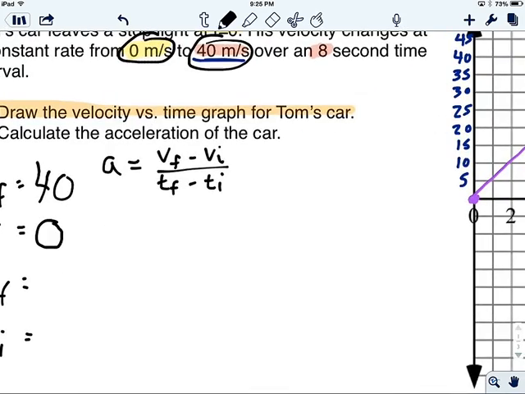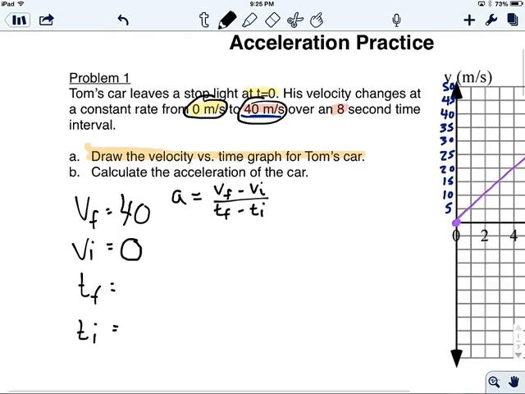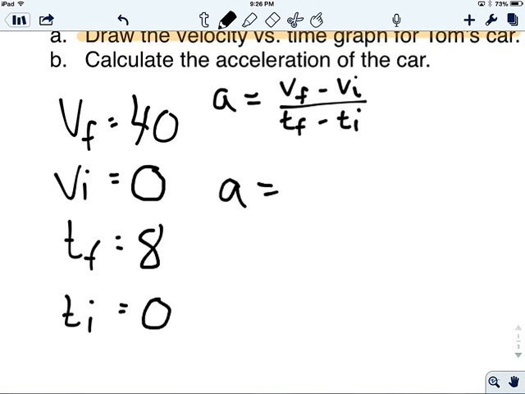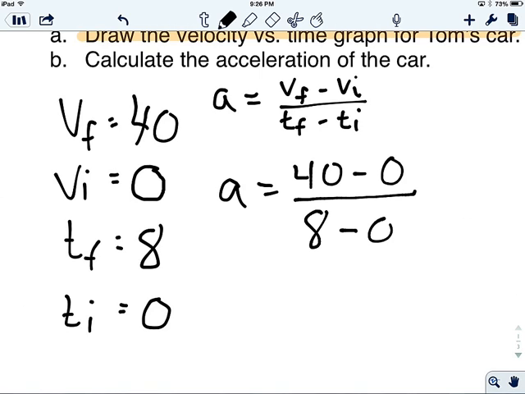And then it wants tf and ti. So when I look in here, I know that my initial time is 0, so I start off at 0, and then it takes 8 seconds, so my final time is 8. All right, so when I go to plug those in now, I've got a equals, vf is 40, vi was 0, tf was 8, and ti was 0.